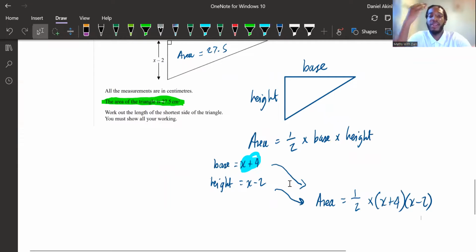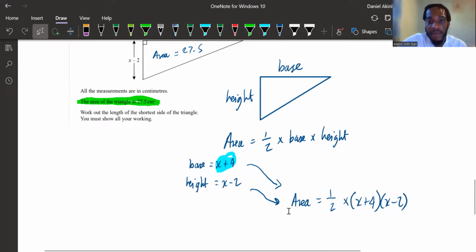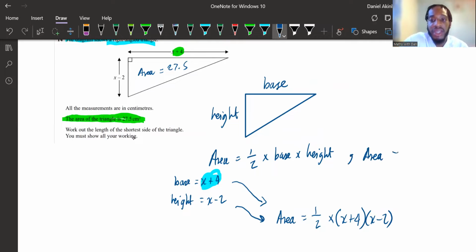So we can develop an expression for the area, and this will give you a couple of marks. Now, what did they tell us about this area? They told us that the area is equal to 27.5. So I could also write, area is equal to 27.5. Remember in maths, this is very basic, but it's very key. Even I use this.